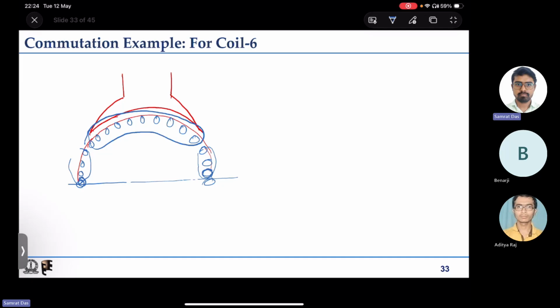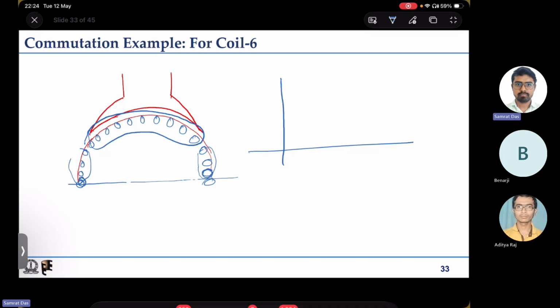So the ripple earlier, which was between 40 volt and 50 volt, almost 20%, now because the coils going through commutation are already contributing very low induced EMFs, the ripple due to rotation in induced EMF will be quite low, and that can be reasonably approximated as a DC quantity.